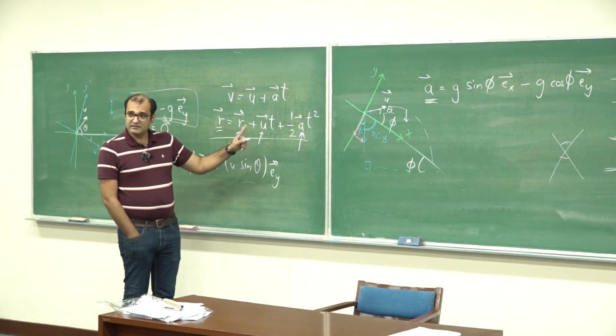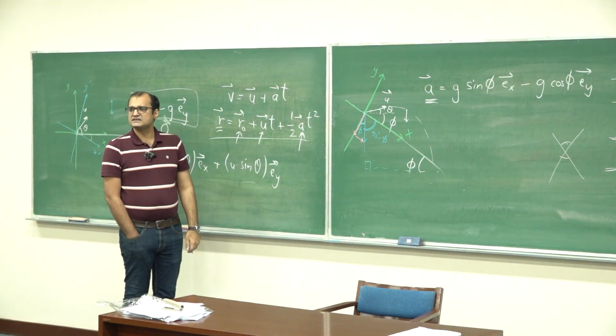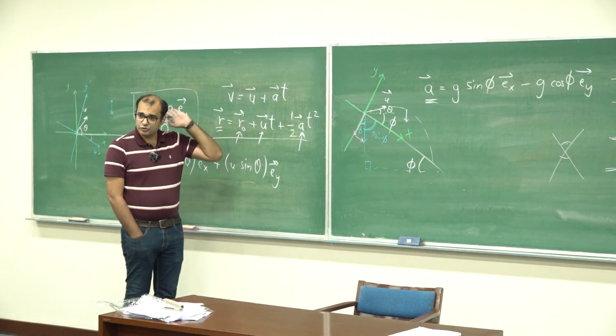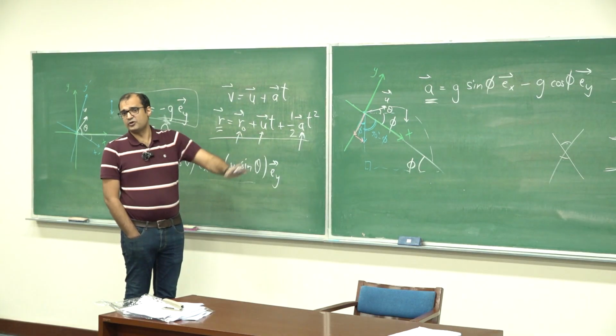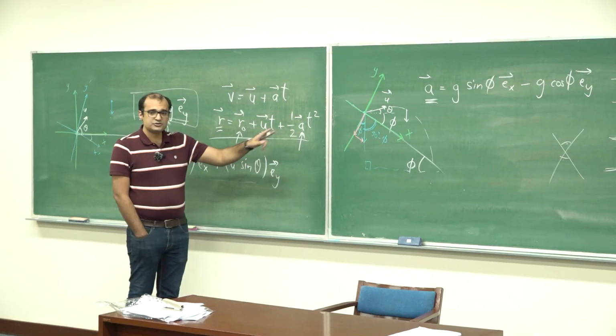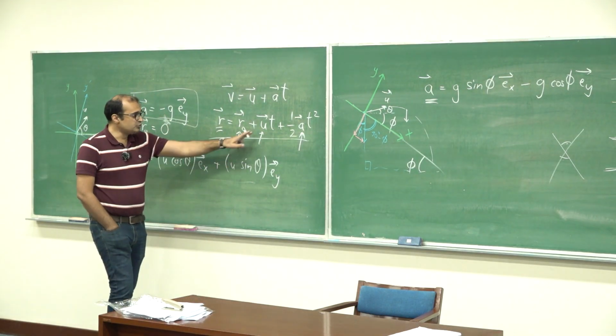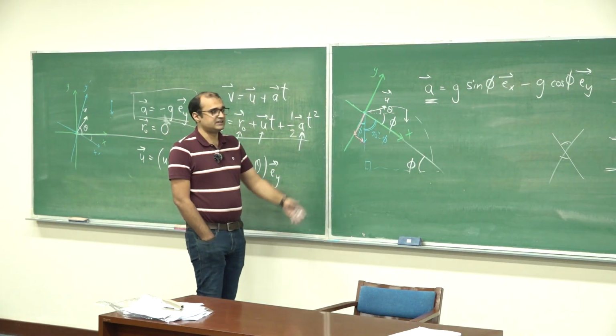Whenever you're applying this, one very common mistake is to take one vector from one coordinate system and another vector from another coordinate system. Once you have chosen your coordinate system, stick to the same coordinate system. Don't do it halfway through. All these vectors should be in the same coordinate system. So this u must be written in terms of this tilted coordinate system.